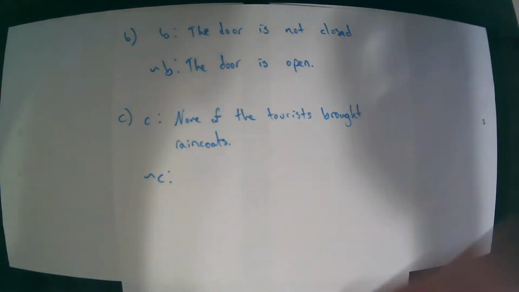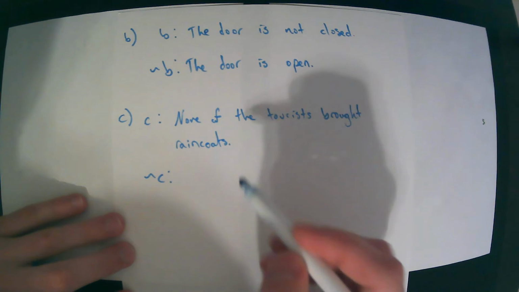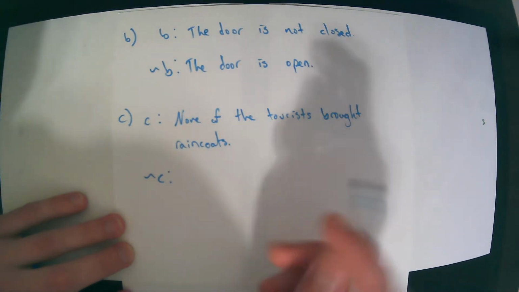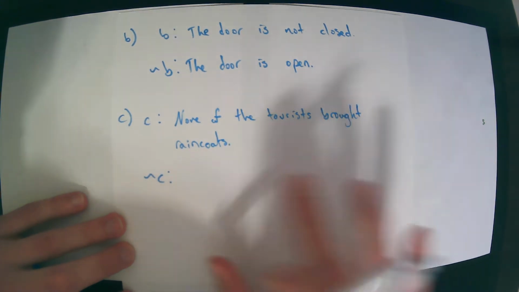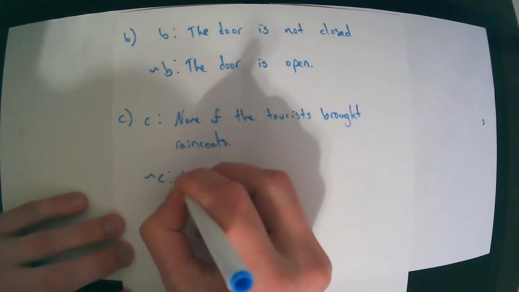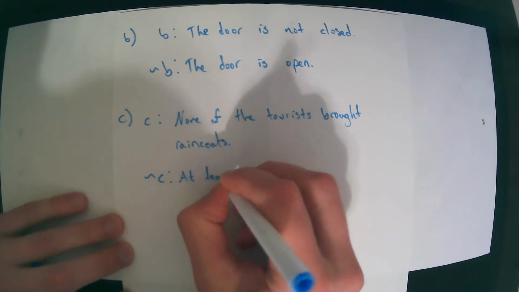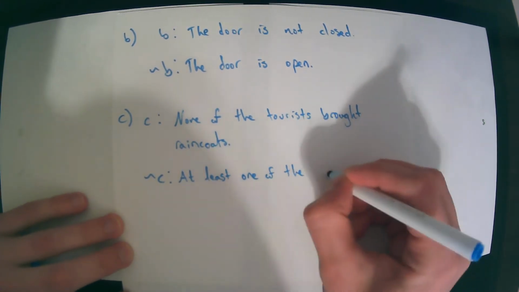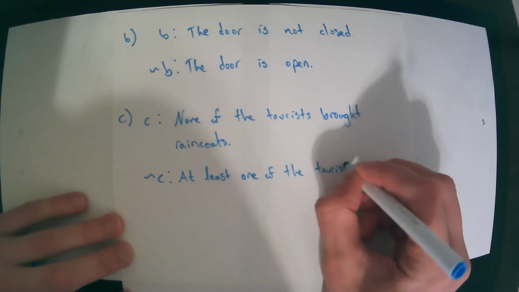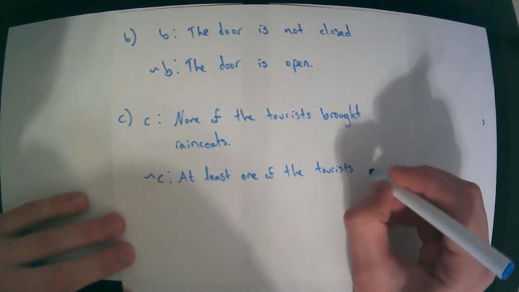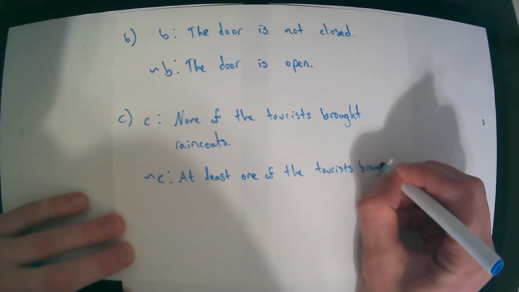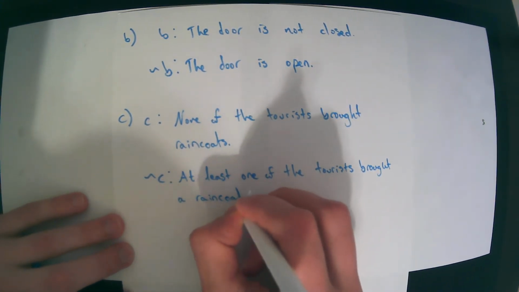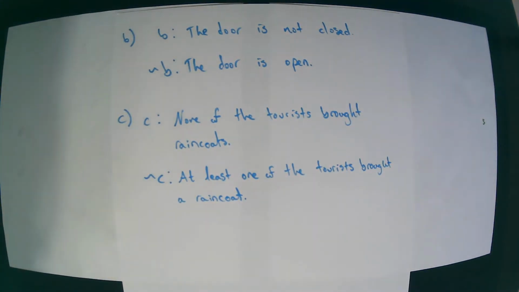So the logical opposite of the statement that says none: if none of the tourists brought raincoats, the logical opposite would be at least one of the tourists brought a raincoat.